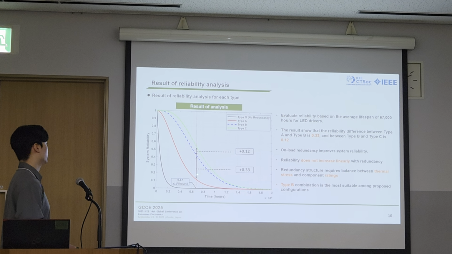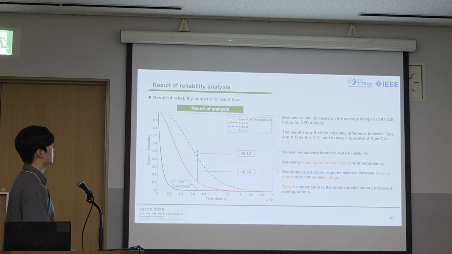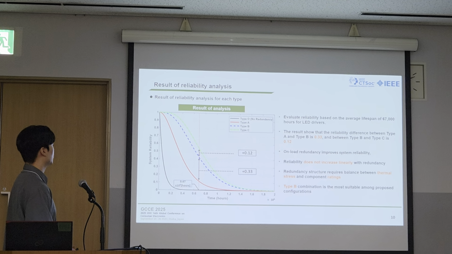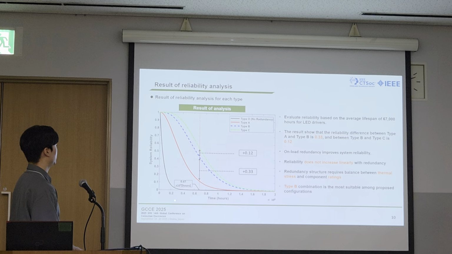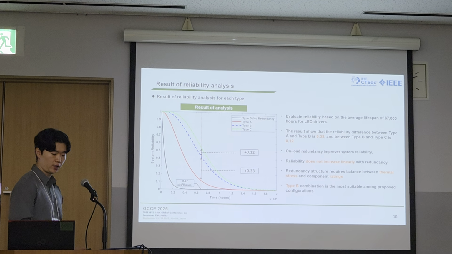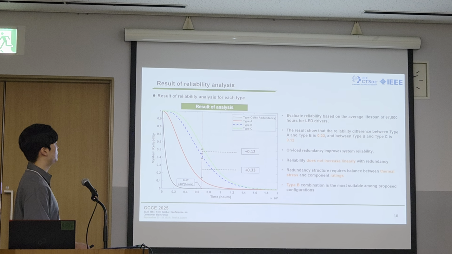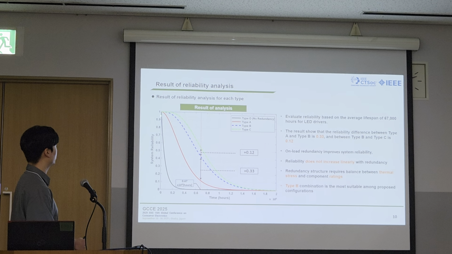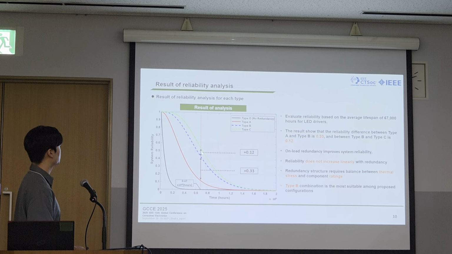It means reliability does not increase linearly with redundancy, and we also have to consider thermal stress and component ratings. Therefore, in this study, the type B combination is the most suitable among the proposed configurations, and in the graph it is the blue line.